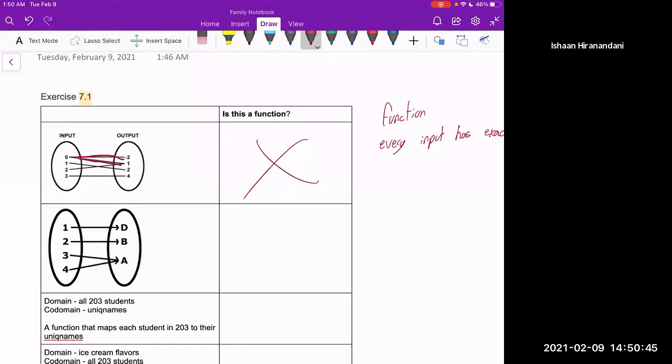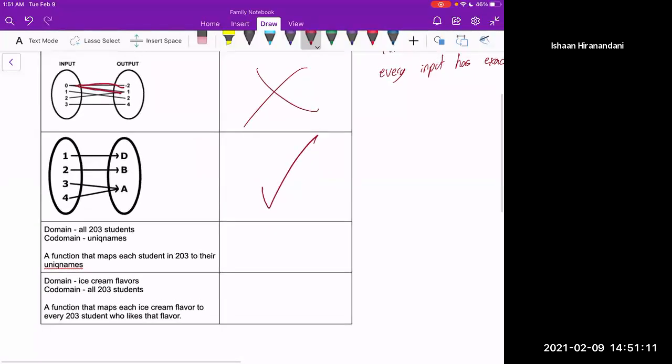But we never say anything about outputs not being inputted to, or being inputted to twice or more. That's okay. All we care about is every input having exactly one output. And that's exactly what we see here. So this is going to be a function.